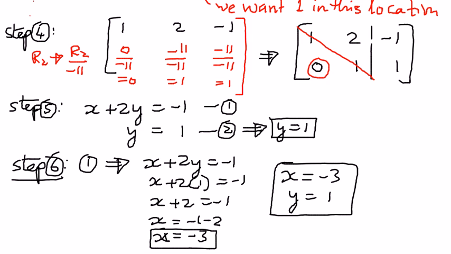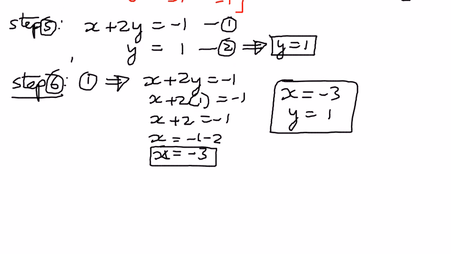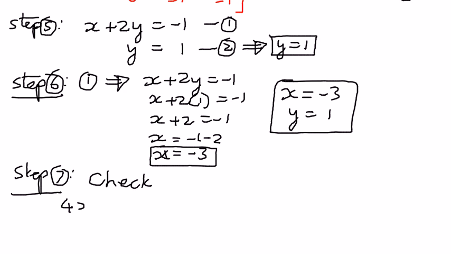And we should be able to check our answers by substituting it back into the original equation. And the way to do that is as follows. Check. Step number 7. In here we want to check our answers when x equals -3 and y equals 1. Our given equations are 4x minus 3y, this is equation number 1, is equal to -15.